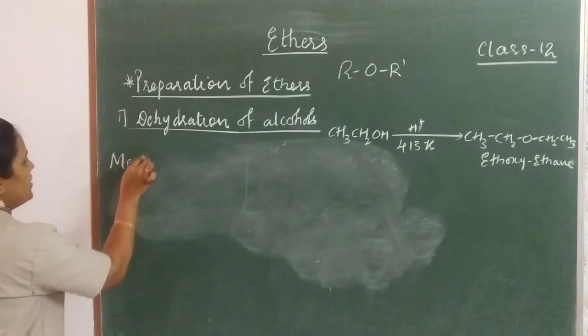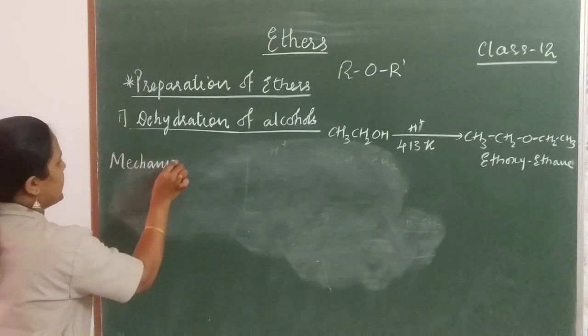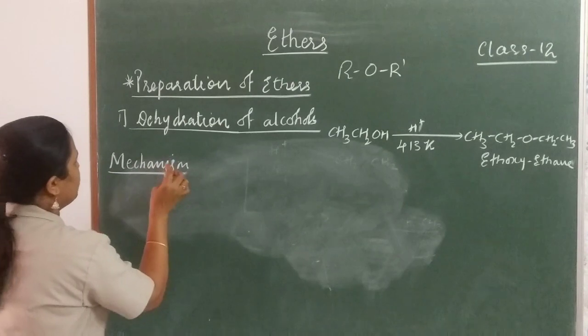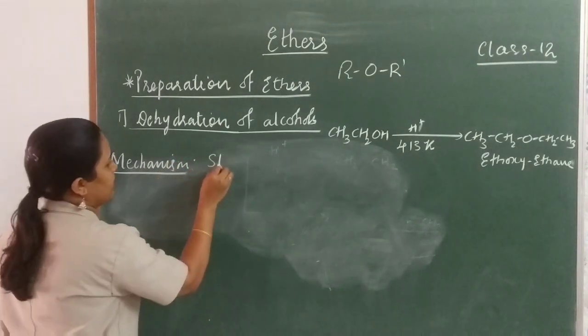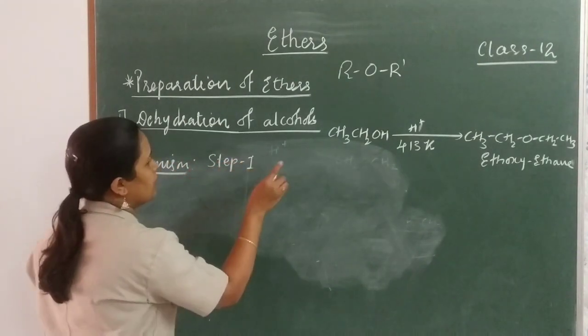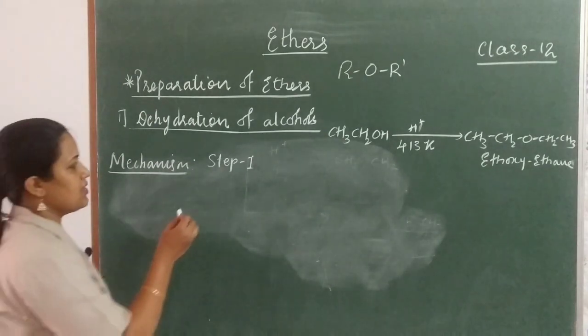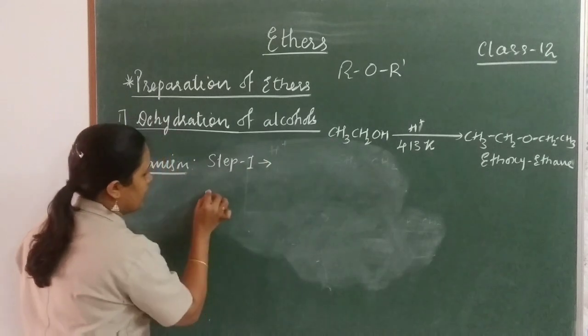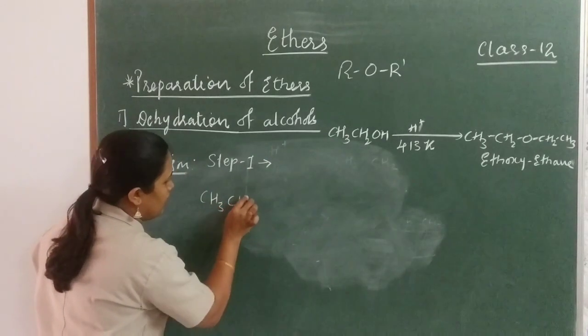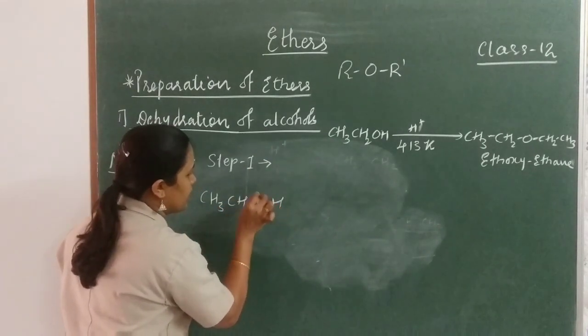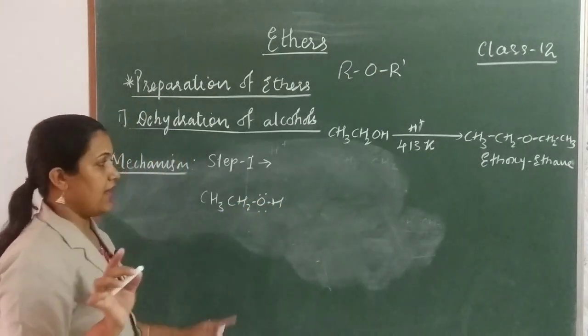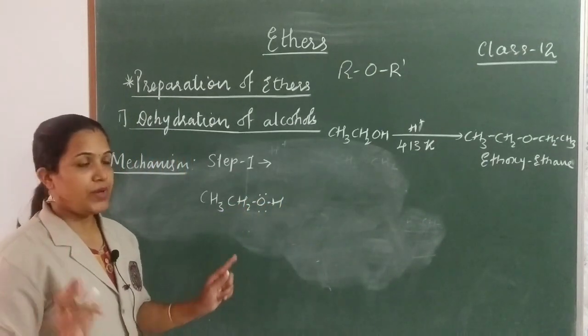When I start with the mechanism of this reaction, first of all, step 1. In step 1, as we know, we are using H+ to carry out this mechanism. Here we have an alcohol, and in alcohol the oxygen has two lone pairs.